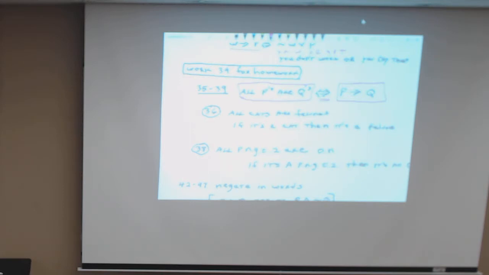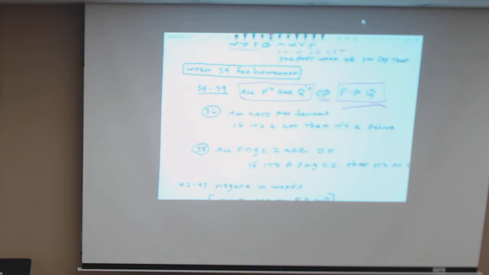So, if P then Q. If it's a dog, then what? Then it has 4 legs. That's not the same as saying if it has 4 legs, it's a dog. You follow me? If I say all dogs have 4 legs, then that's equivalent to saying if it's a dog, then it has 4 legs.